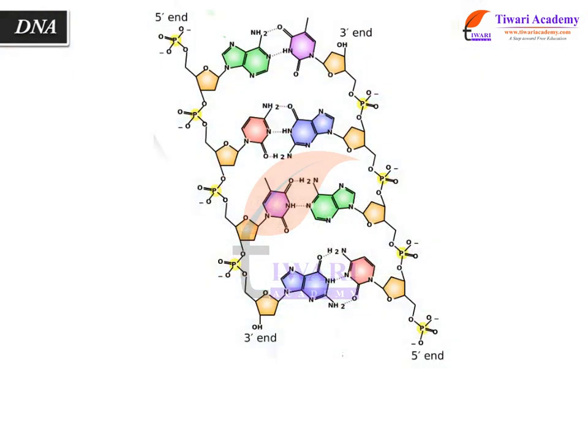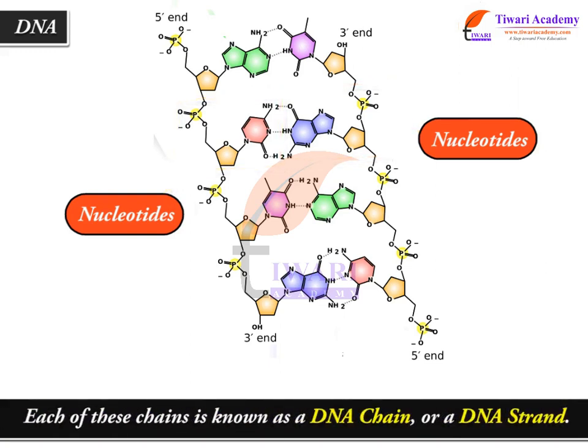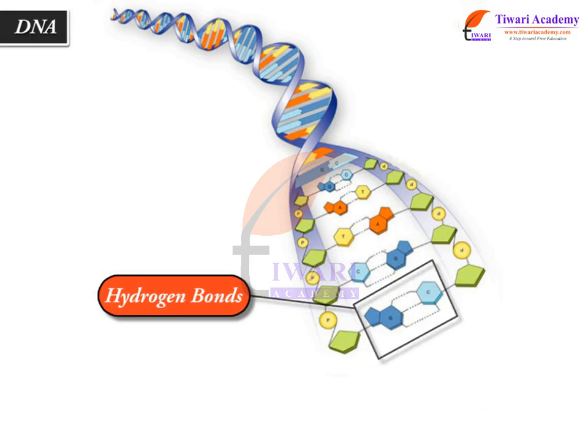A DNA molecule consists of two long polynucleotide chains composed of 4 types of nucleotide subunits. Each of these chains is known as a DNA chain or a DNA strand. Hydrogen bonds between the base portions of the nucleotides hold the two chains together.